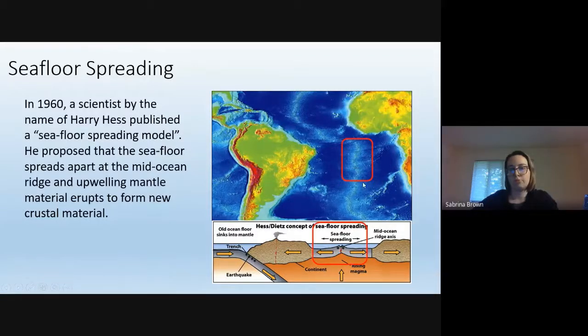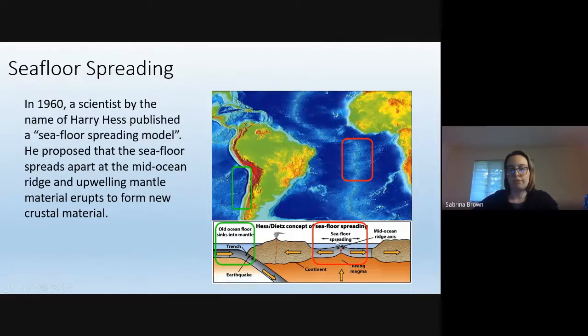Right, so here's our mid-ocean ridge where we have seafloor spreading occurring. At those trenches near the continents, this is where we have our old ocean floor being recycled into the mantle. You can also see we have earthquakes occurring both at those trenches and at our seafloor spreading zones, and volcanoes, right?